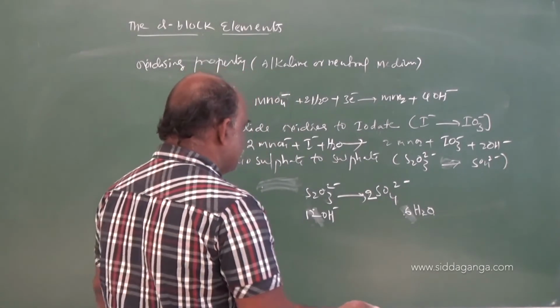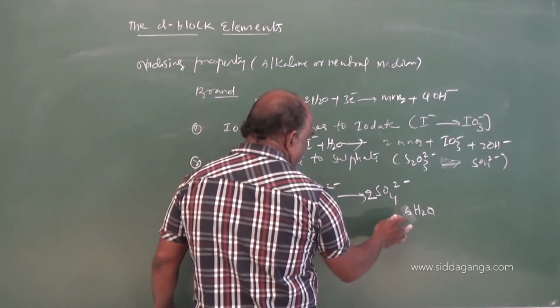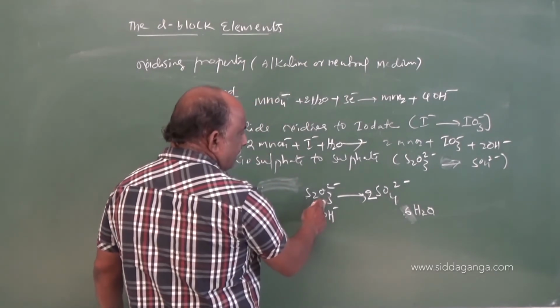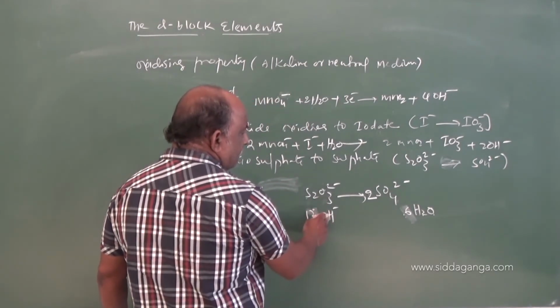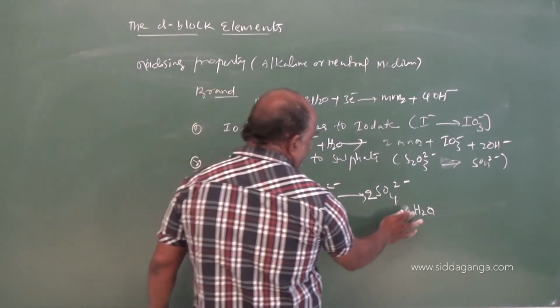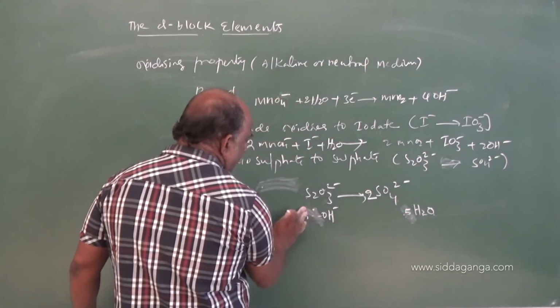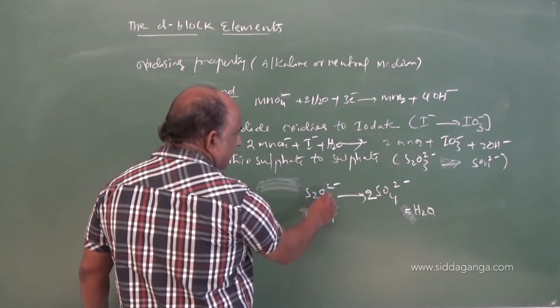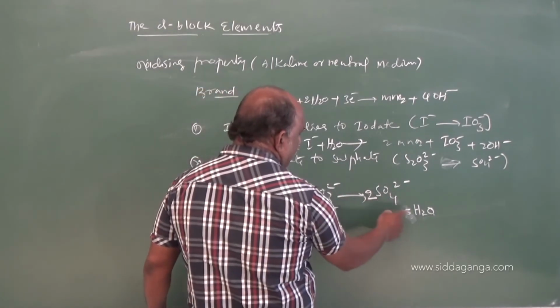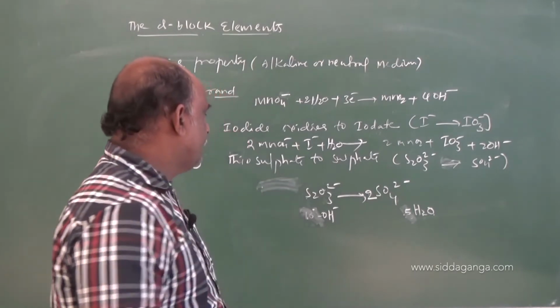So we should add like this. If 9 plus 3 is 12, then 9 H2O, how is it possible? 5 H2O suppose. 5 twos are 10, 10 plus 3, 13. 4 twos are 8 plus 5, 13. Nice, right. This is right.